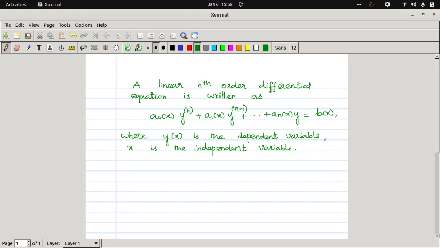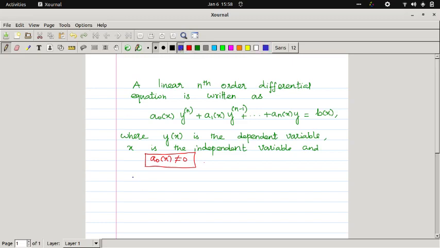That's why it's an ODE, an ordinary differential equation, and we have to assume that a naught of x is not equal to 0. This is most important. That is, a naught of x is not equal to 0. Okay, so then this is the nth order differential equation.